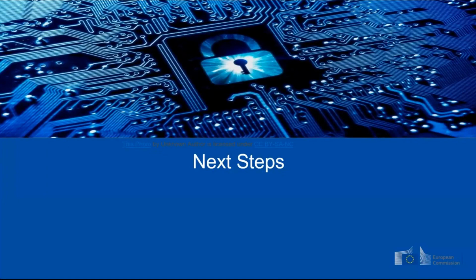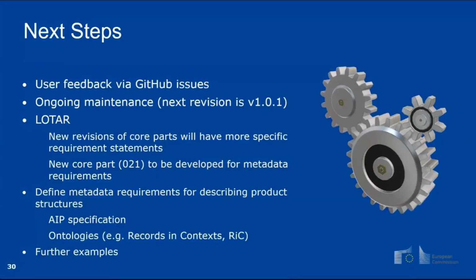So next steps. As I described, you can actually submit issues via GitHub, and I'd be very, very grateful for that. Those will be addressed. So we bring those up at the DILCIS Board meetings, and I will be addressing those issues, feeding back, and putting changes into the specification as necessary.